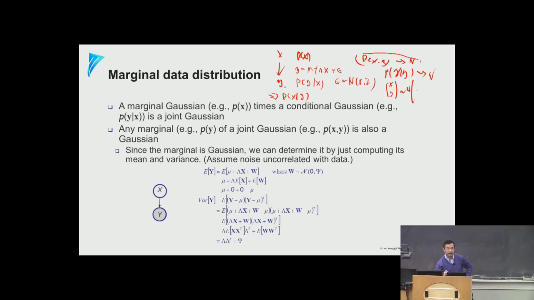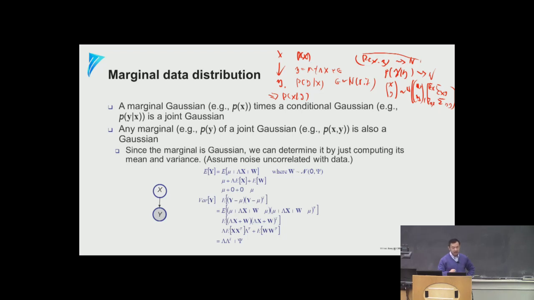What does the mean vector look like? mu x and mu y. And what does the covariance look like? Sigma x and sigma y, and then the covariances sigma xy and sigma yx, something like that.